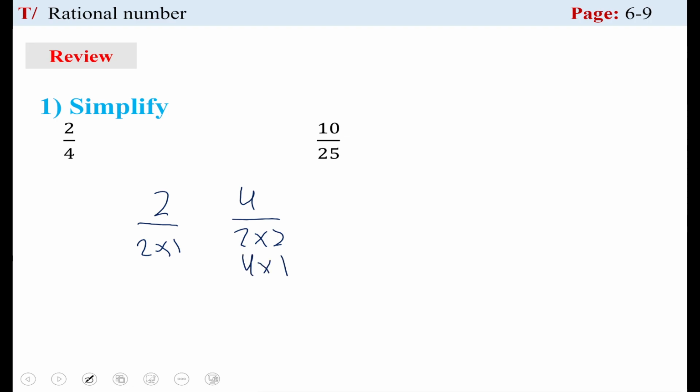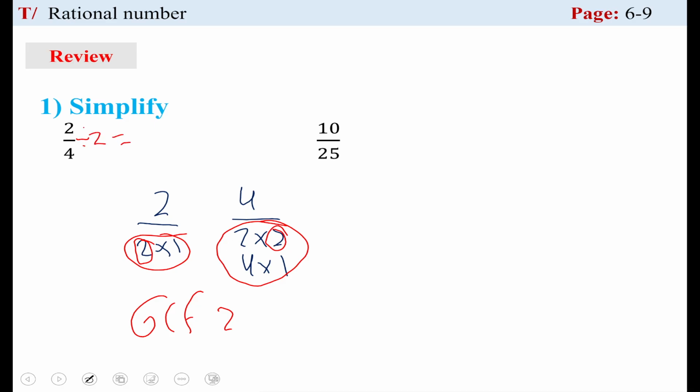So what is the common number between these two lists of factors? 2, and it's the greatest one. It's the GCF. It is 2. So I divide by 2, and it's going to be 1 out of 2. So the answer is 1 out of 2.